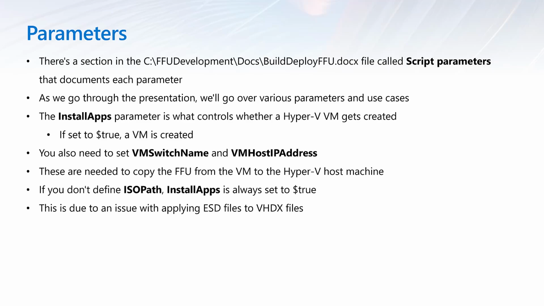So instead of that, we do boot from the VHDX into the VM, and then we just create the VM, and we just capture basically a vanilla installation of Windows with no customizations whatsoever. If you aren't installing any applications or Office or anything like that, we just use a vanilla stock installation of Windows. So that's what happens if you don't install any apps, but you want to just use an ESD.